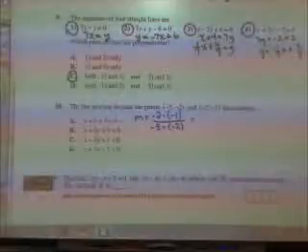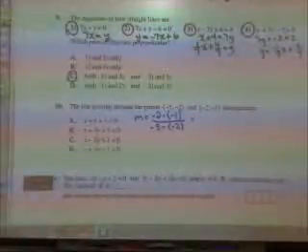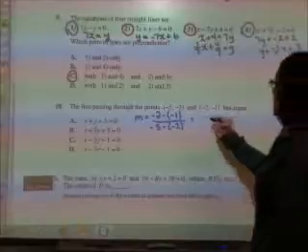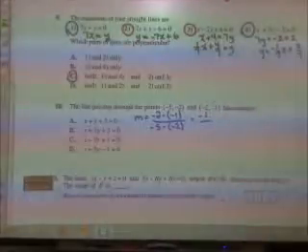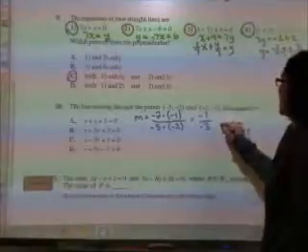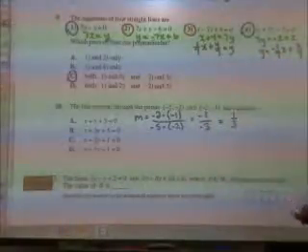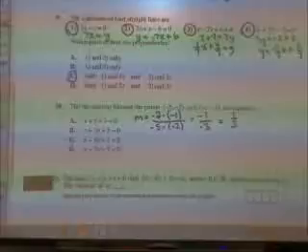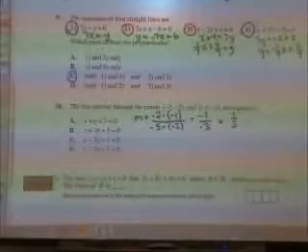So what is -2 minus -1? -1. And -5 minus -2. And a negative divided by a negative is a positive. Okay, so that gives me the slope.